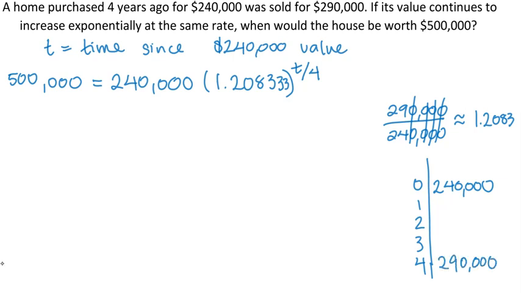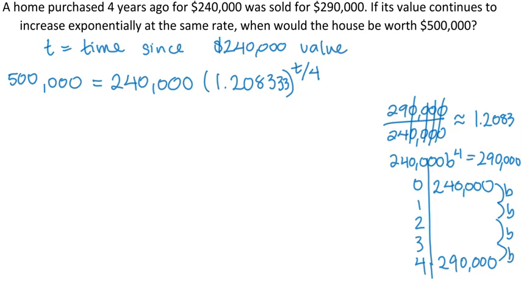So if we're thinking our growth factor B would have to be applied 1, 2, 3, 4 times, we could set up 240 times b to the fourth has to equal 290. And what this one would do would tell us the growth rate in 1 year instead of over the 4 years. So it would be equivalent. That is another option. If that makes more sense to you, use it.